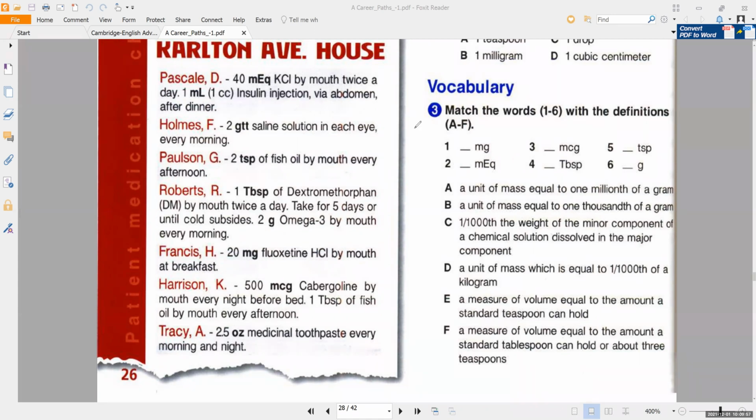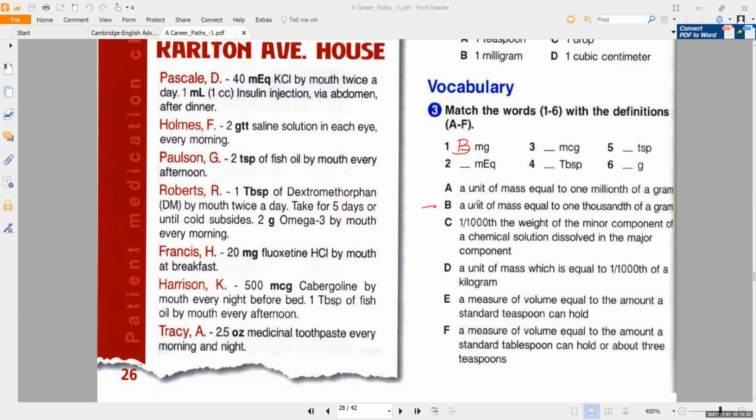So number 1 is, yes, you are right. Number 1, milligram, is B. It is a unit of mass equal to one thousandth of a gram. So that's a milligram, a unit of mass equal to one thousandth of a gram.